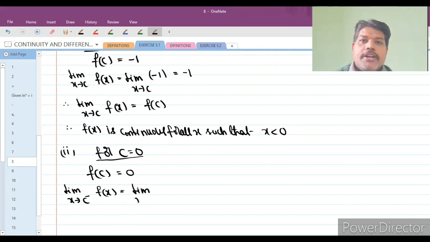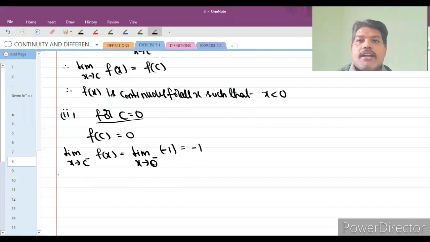Limit as x tends to c minus of f of x value. I already told that if x is less than 0, f of x value will become -1 only. So automatically it will become -1, understanding that c is nothing but 0. So it will become -1.